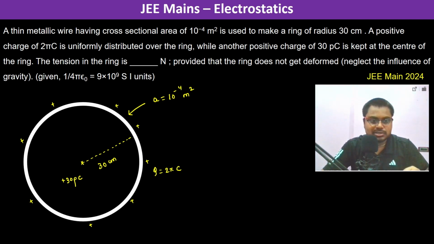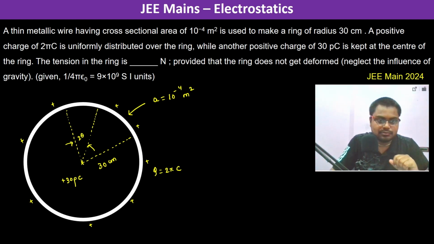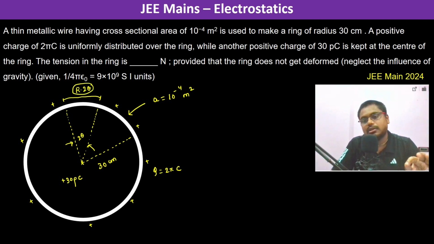So now we take a small part of the ring and let us take this as 2 theta. Later on we'll understand why we're taking 2. This arc length is r into 2 theta, so it will have some charge.